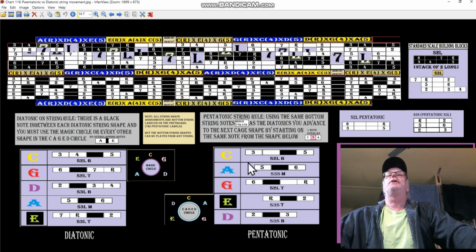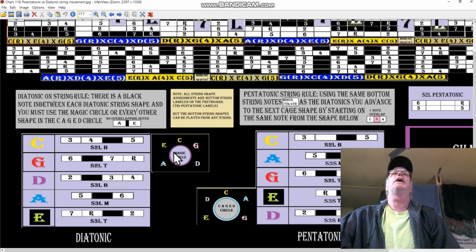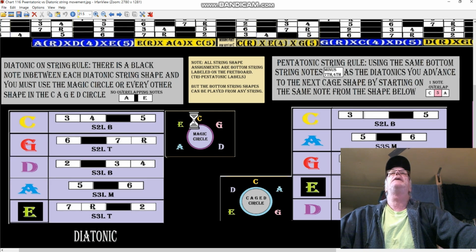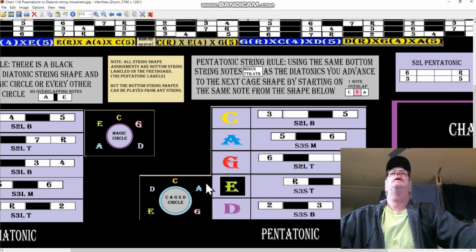Okay, so the subject of this particular chart, we've already discussed it. I discussed it in the last chart. I got into it right away. The difference between diatonic and pentatonic is the difference between a magic circle transition. See, here's diatonic magic circle transitions, and then pentatonic uses the cage circle.